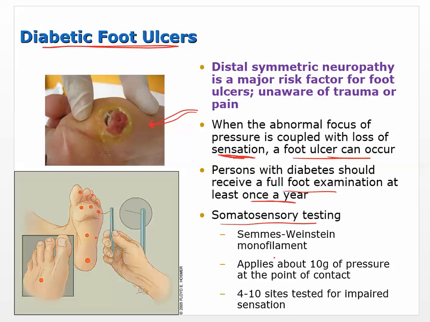So in this case, the monofilament applies about 10 grams of pressure at the point of contact, and then you can kind of see at which point how much pressure is required before the person feels it. So it's kind of this little gauge. You push on it. When it bends, that means you've applied that much pressure for whichever one you happen to be using. And then 4 to 10 sites for impaired sensation. You kind of see those written out here.